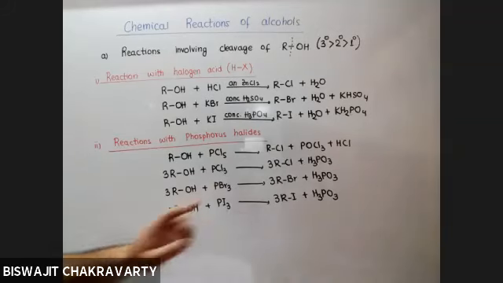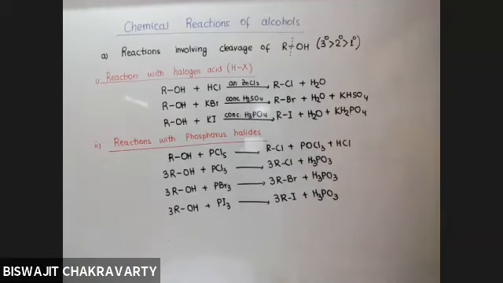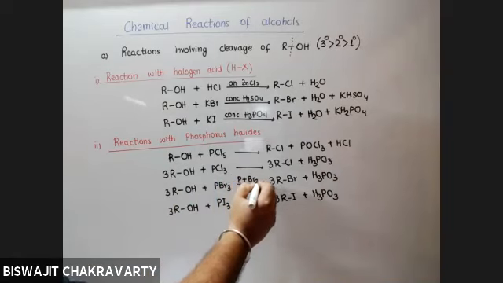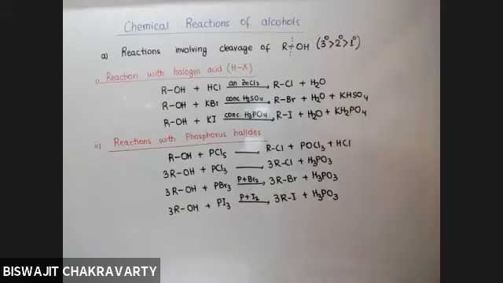And that is why pentabromides and pentaiodides are not formed. I also told you that PBr3 and PI3 have to be prepared in situ. So for that, we will have to take red phosphorus and bromine, and red phosphorus and iodine. Okay, so these are the reactions with phosphorus halides.